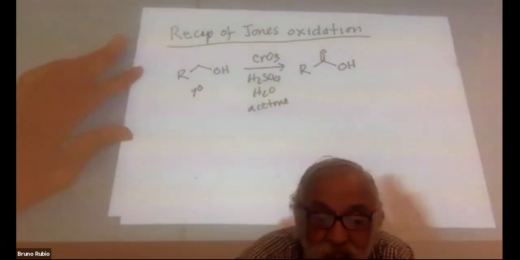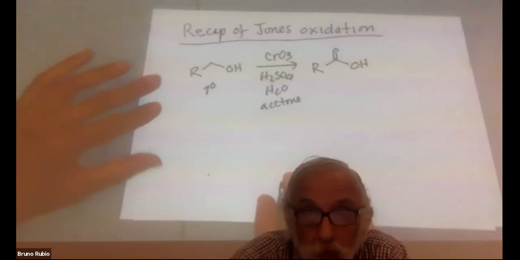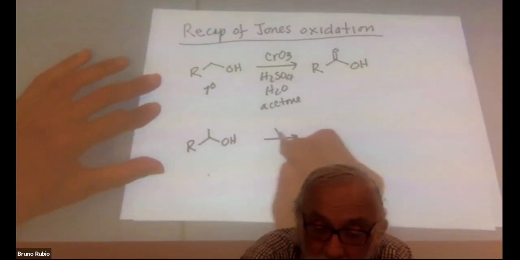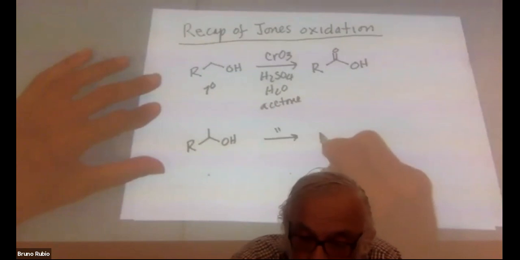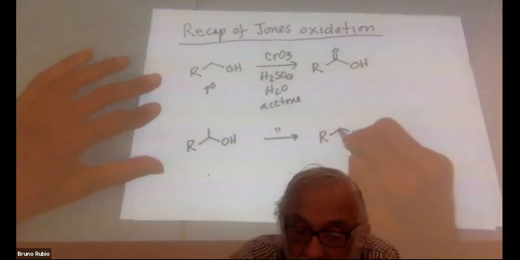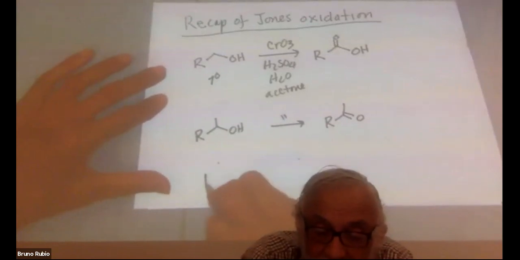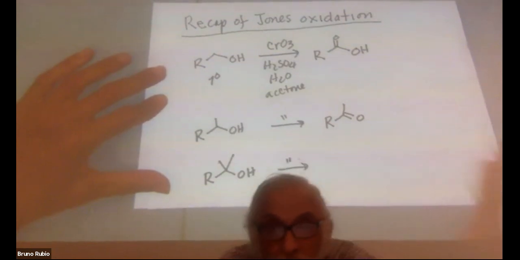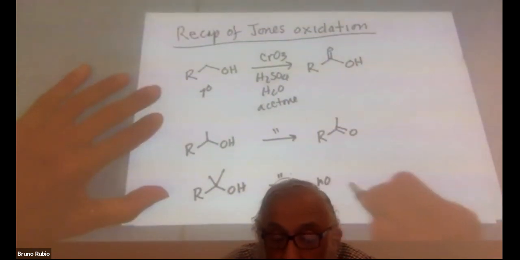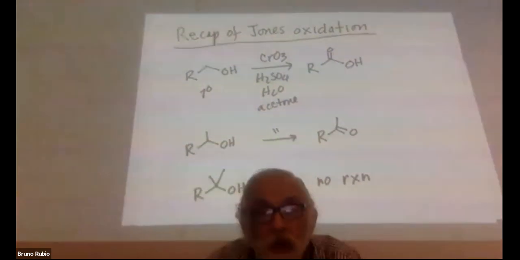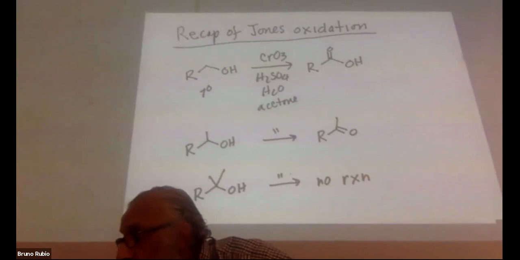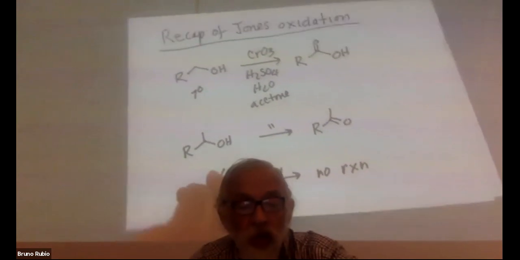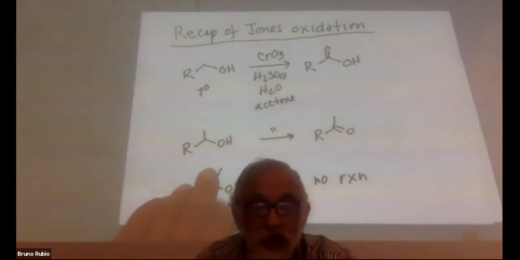Whereas if we take a secondary alcohol and expose that to the Jones reagent, same thing, we're going to get a ketone. And if we take a tertiary alcohol and try to do a Jones oxidation on that, we get no reaction. And we talked about the mechanism for the formation of this Jones oxidation product.